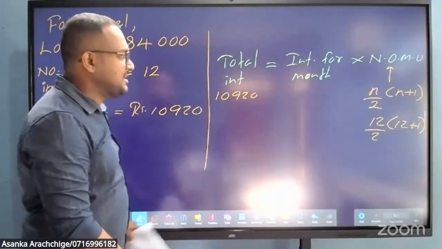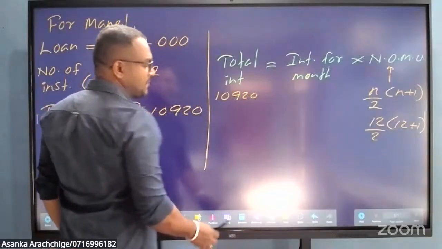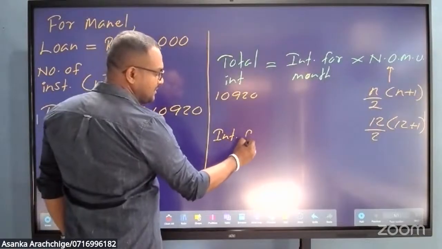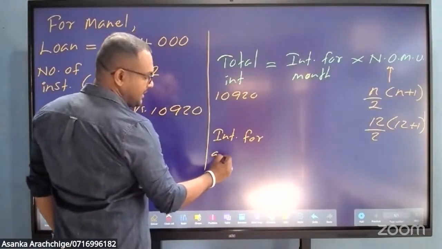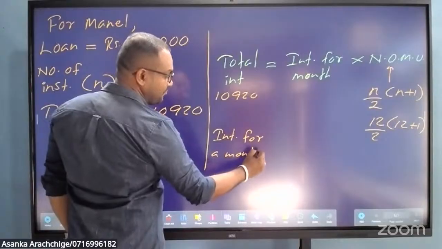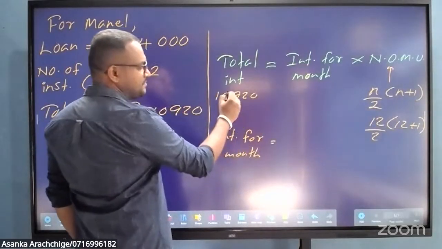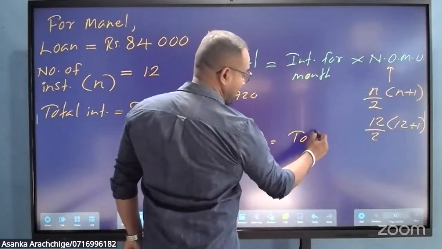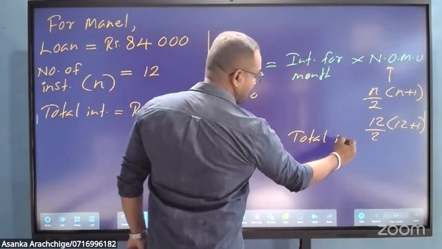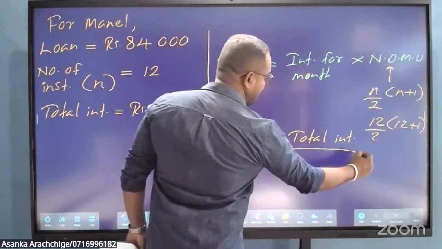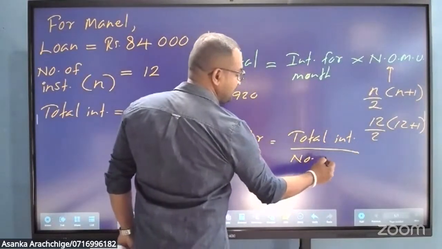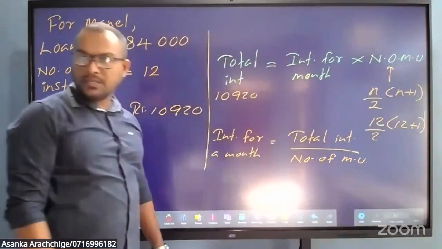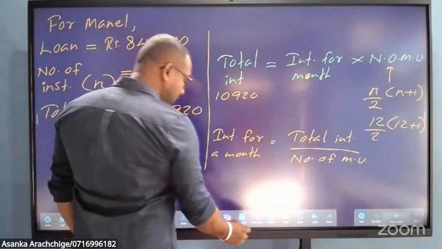Okay, I will write interest for a month. Interest for a month must be equal to total interest divided by number of month units.